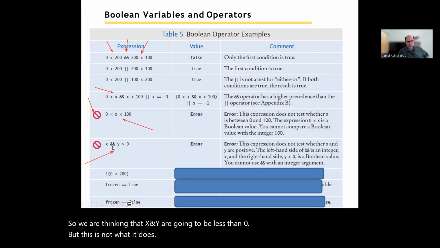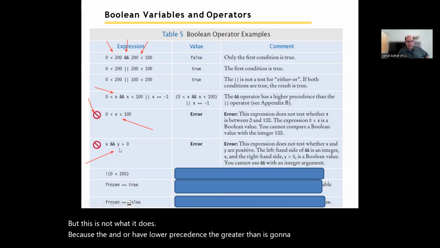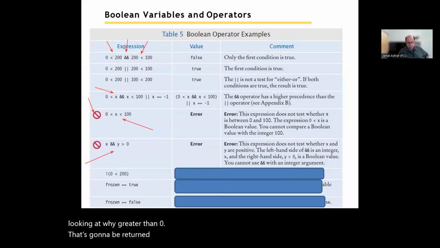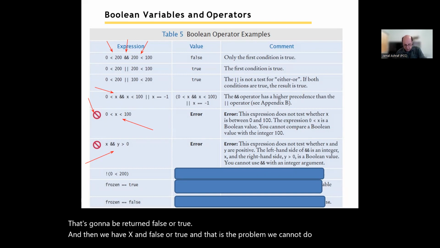Because the and or have lower precedence, the greater than is going to happen first. So we are looking at y greater than 0. That's going to return false or true. And then we have x and false or true, and that is the problem. We cannot do that. Java doesn't let us do it.